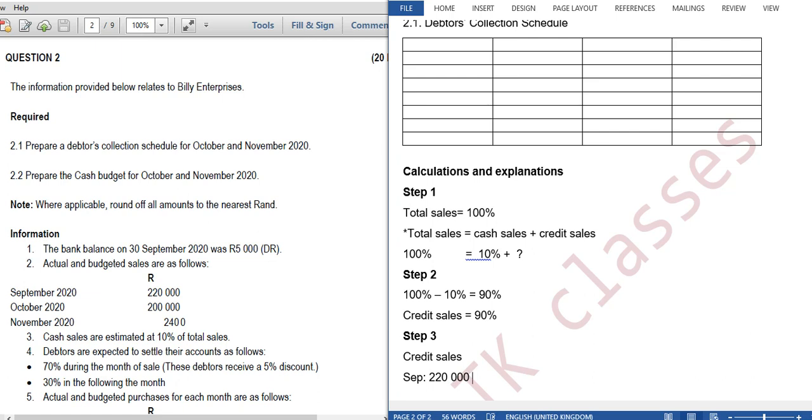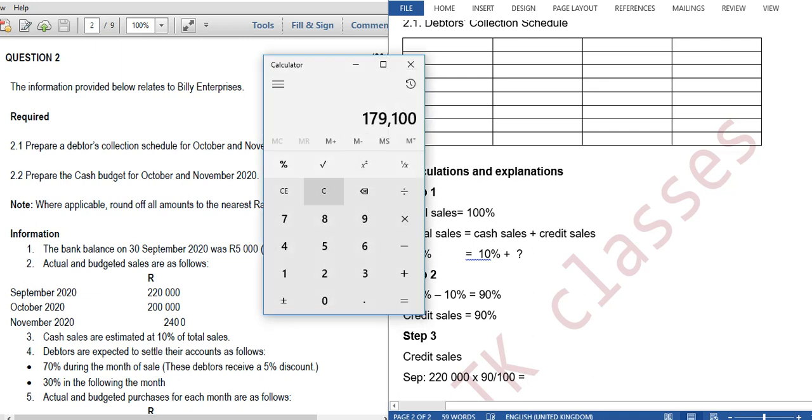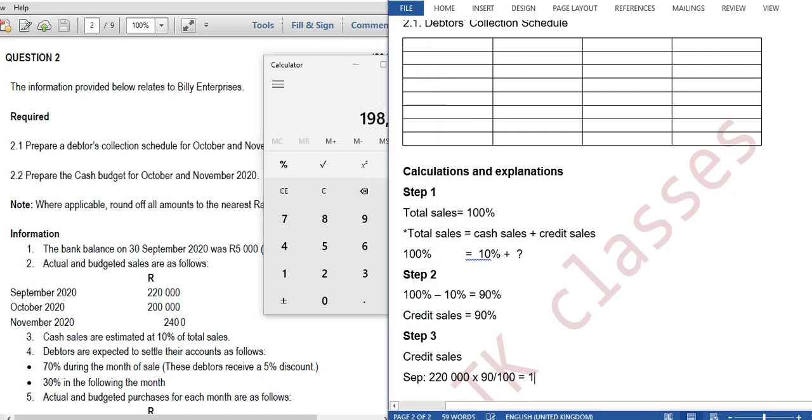Then we are going to multiply by, remember we said our credit sales are 90%, 90 over 100. So 220,000 multiplied by 90 over 100, we are going to get 198,000. This is our credit sales for September.